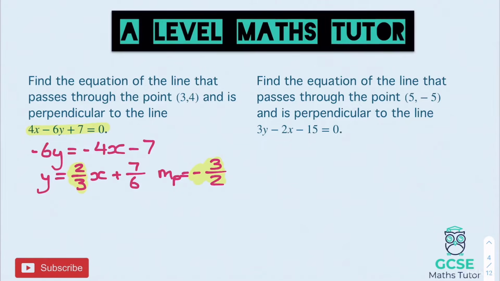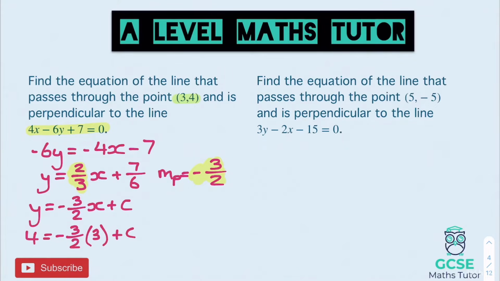Okay, so plugging that in then, we've got y equals minus 3/2 x plus c. And then we've got our coordinate up there that we need to substitute in. So we have 3, 4. So y is 4, so we have 4 that's going to be equal to negative 3/2 multiplied by the 3, the x coordinate there, plus c.